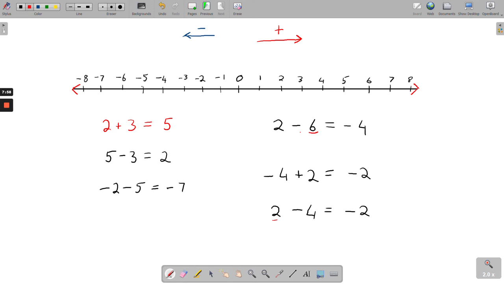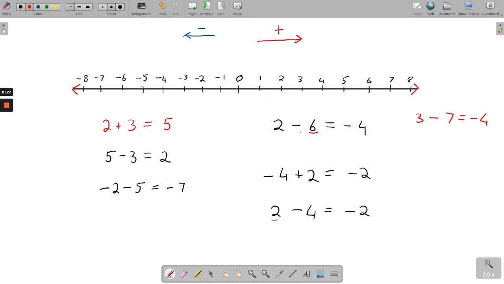I'm going to underline that. And what you're going to do is 6 minus 2 and then keep a negative at the end. I'll do another example of that. If you had, say, 3 minus 7, what you're going to do is 7 minus 3, which is going to give you 4. And because you're doing it the other way around, a smaller number minus a bigger number, you're just going to add in a negative there.